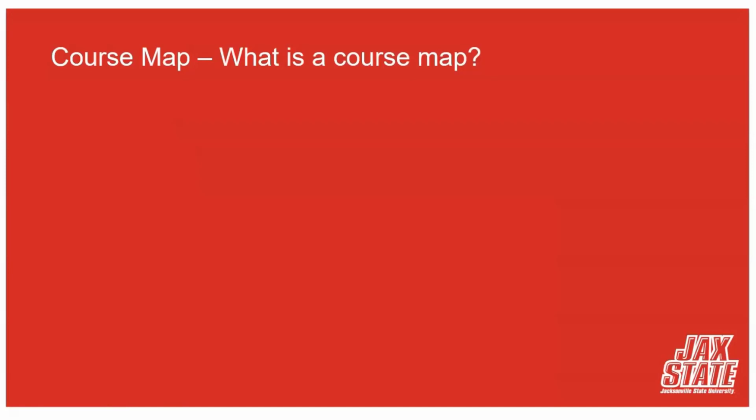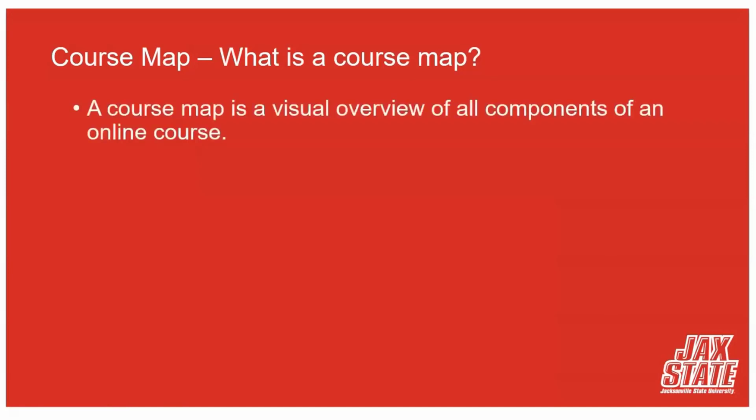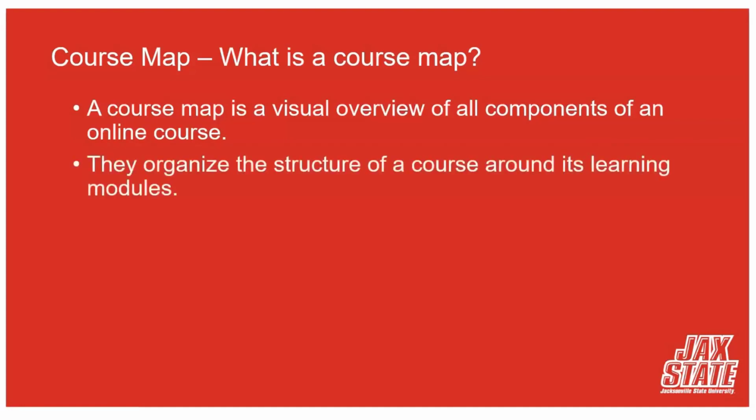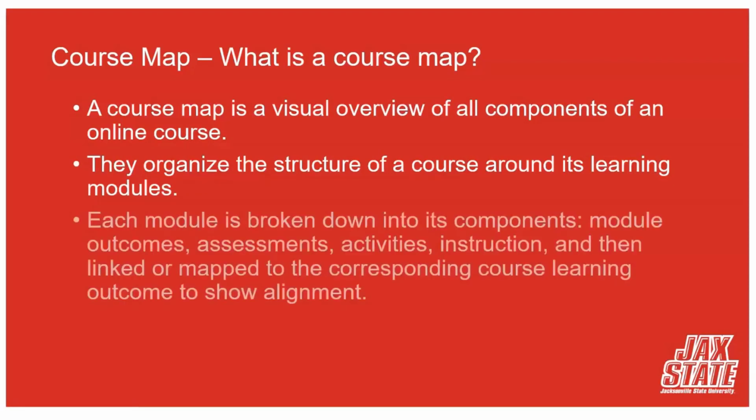So what is a course map? Well, it's a visual overview of all the components of your course, and a visual representation of the structure of your course. It's structured based upon the course learning objectives broken down into learning units. Each module is broken down into its components.